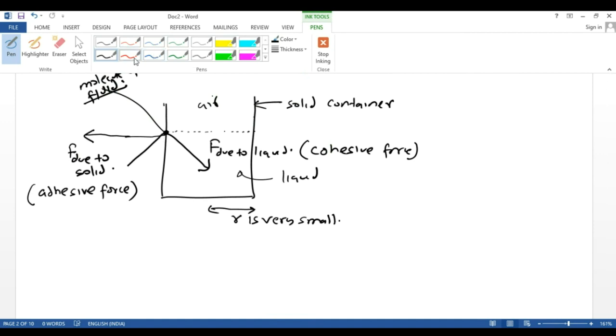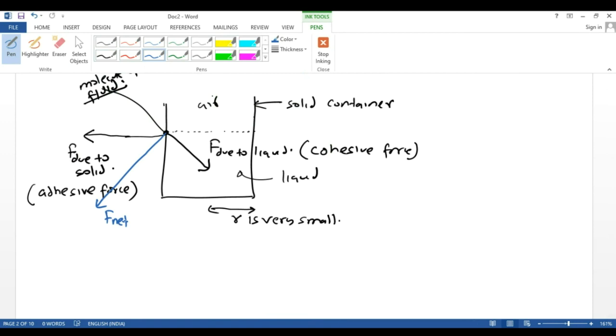Maybe just a moment, I'll use a different color, it will be easier. So we are assuming that the adhesive force is dominating, and so this is the net force, net of the cohesive and adhesive force. We have ignored the force of air, and we have also ignored the weight of the liquid molecule. Maybe you can even take them into account, and let us say this is the net force.